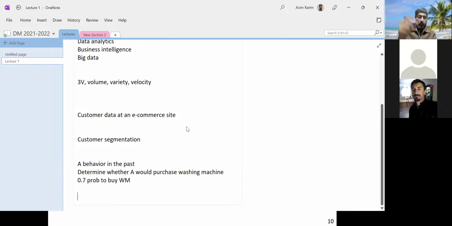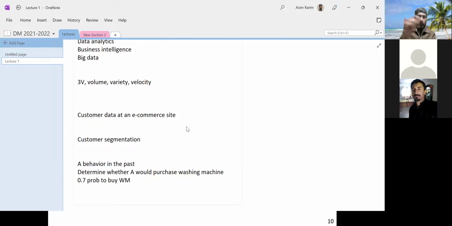Another example regarding this data set: maybe you want to find customers that exhibit anomalous behaviors. Why would you be interested in that? It might be because of fraud.